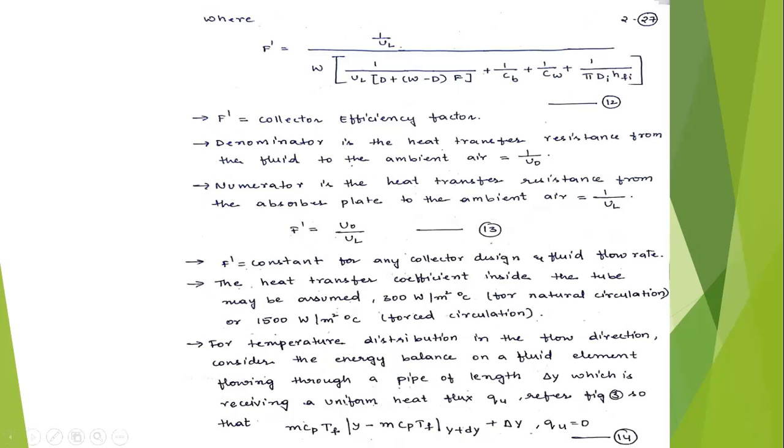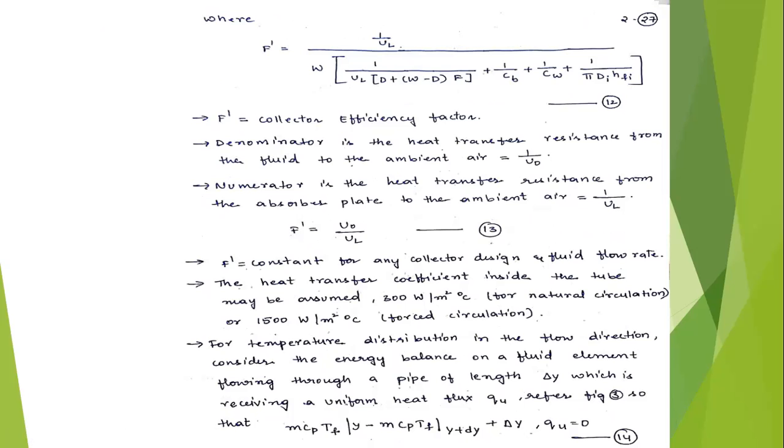In the earlier term, we have the expression for F dash, which is called the collector efficiency factor.